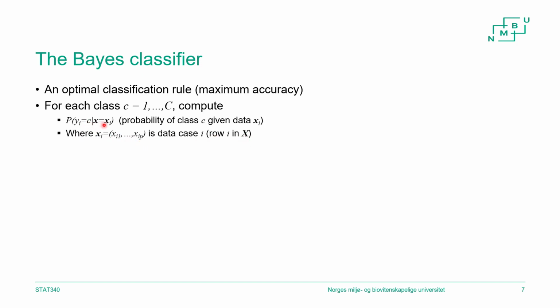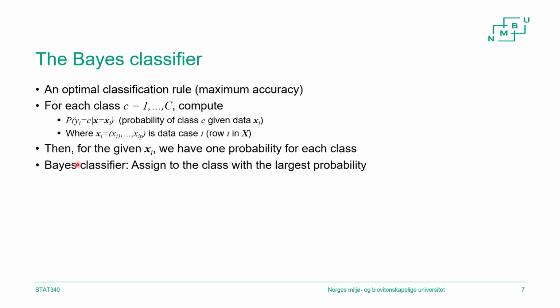So if you have computed this one, then for the given xi, we have one probability for each class, right? Because you do this for the first class, for the second class, third class, and so on, depending on how many classes you have. And then you have this probability, and then the Bayes classifier says, assign to the class with the largest probability.